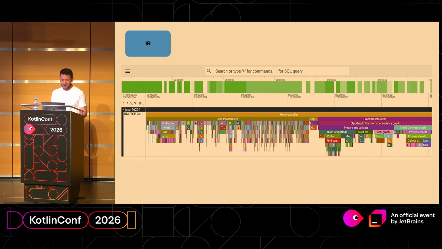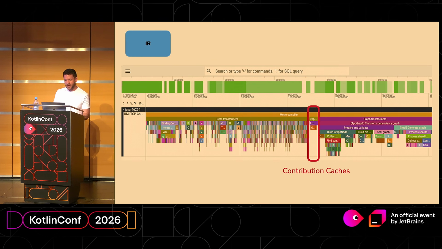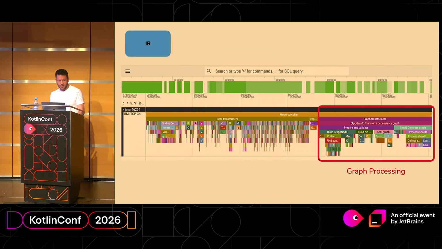If you look closely in here, there's sort of three-ish phases. This first one is our core transformers. Then there is contribution caching. And then finally, there's the graph transformation itself. Now, this is a simple graph, so graph processing and the core transformers look about even.